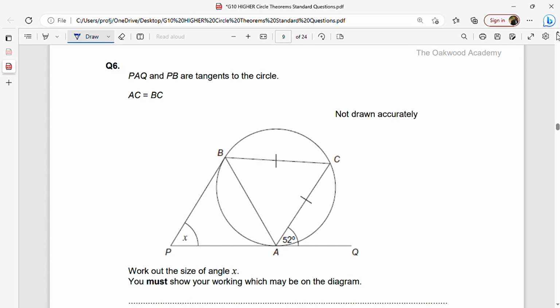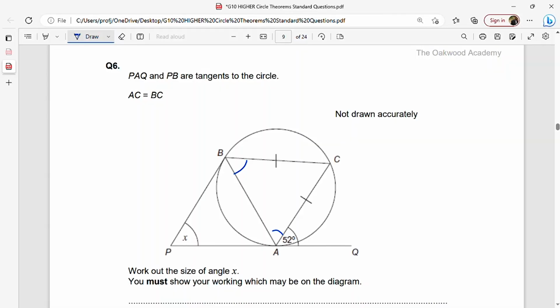Okay, so this triangle ABC is an isosceles triangle, meaning that this angle and this angle will be equal. And you know that I mentioned earlier that one of the theorems states that angles in alternate segments are equal. Look at it.